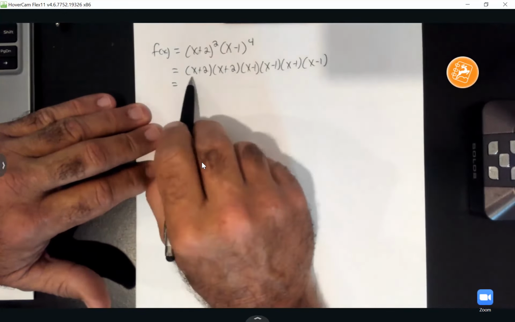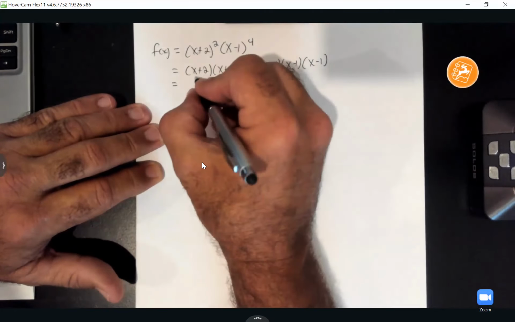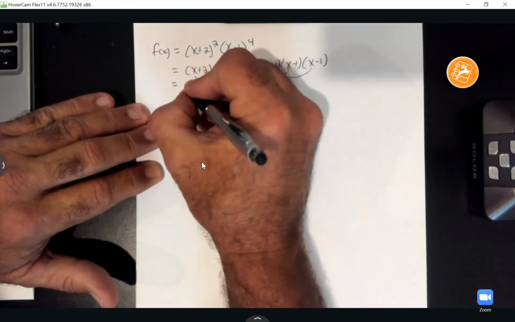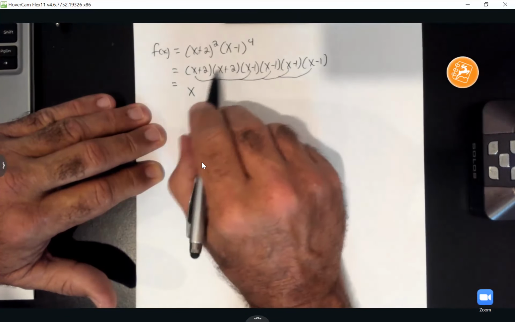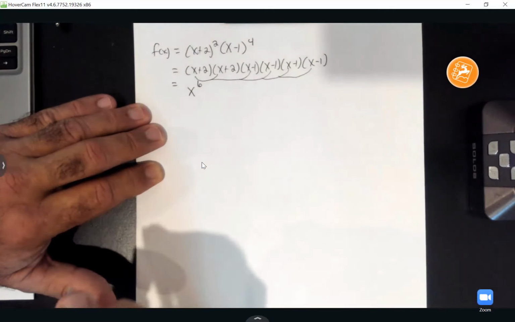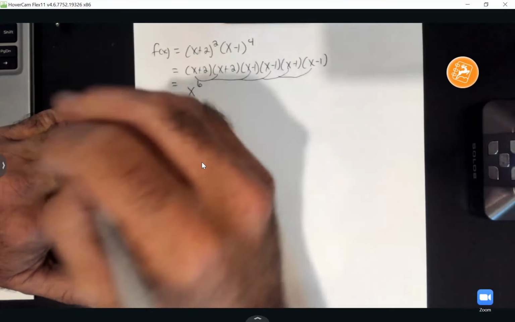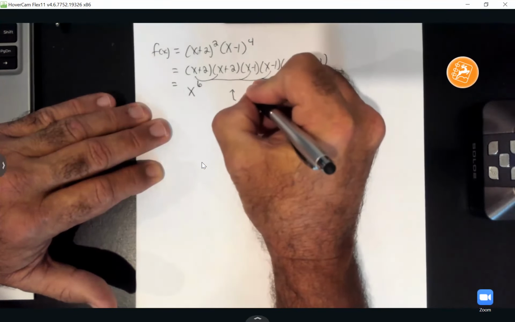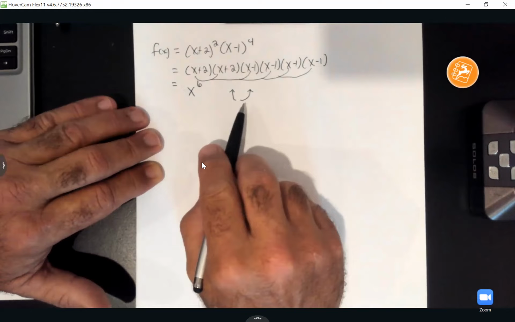So basically, all the x's are positive, so I would just multiply all these x's together. And I get an x, let's see, I had 1, 2, 3, 4, 6 of them. So we get an x to the 6, and it's positive, so both ends are going to go uphill.